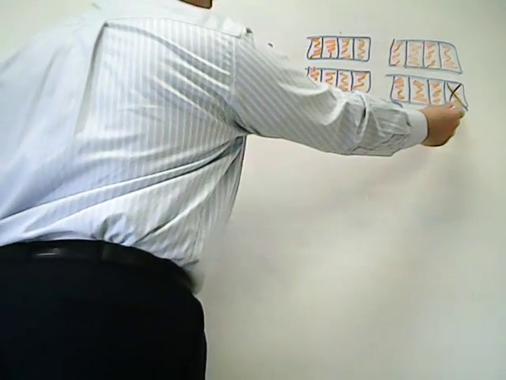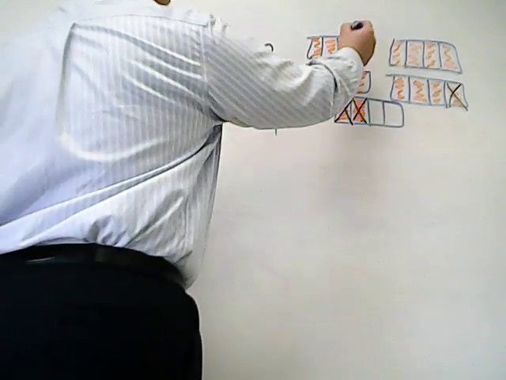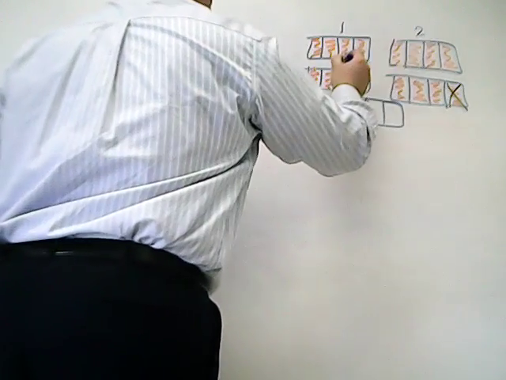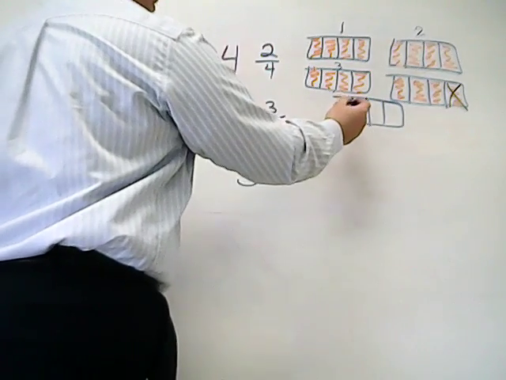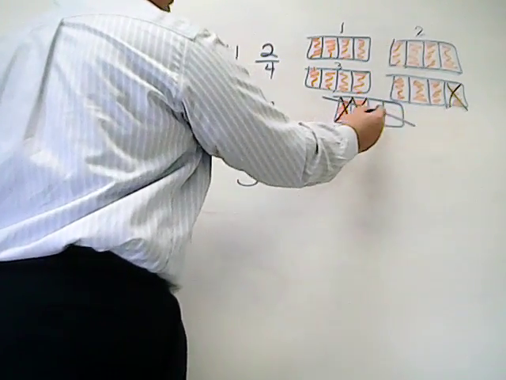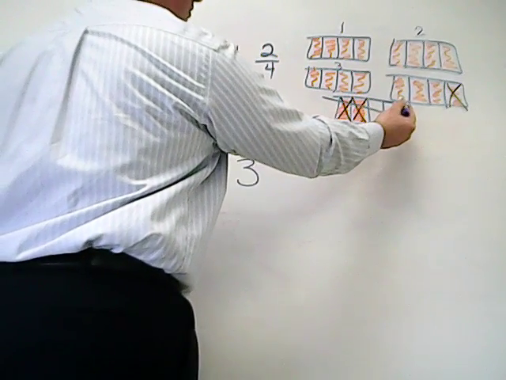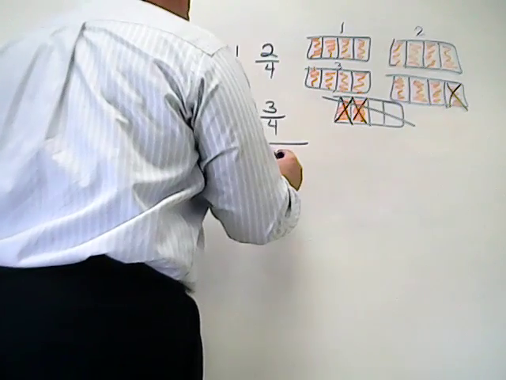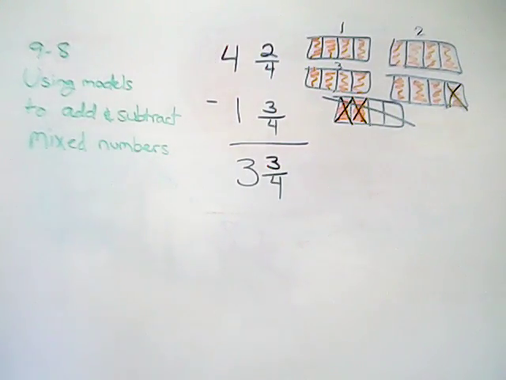This one's not a whole anymore because I had to borrow from it to cross out one of my 4ths. So I have 1 whole, 2 wholes, 3 wholes, and how much, this fraction is now done because I have nothing left. How much of this one do I have left? 1/4, 2/4, 3/4. So that's just a model representation way of how to subtract when you need to borrow.